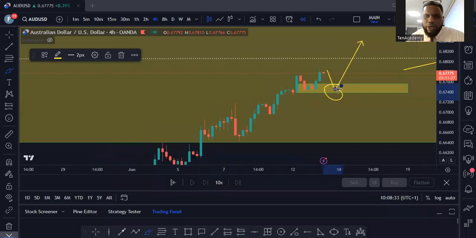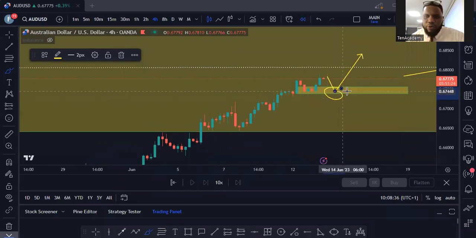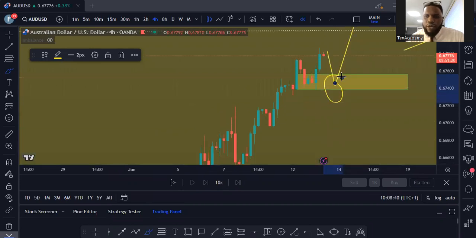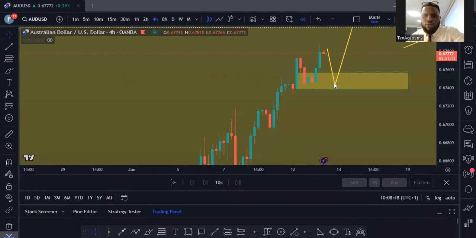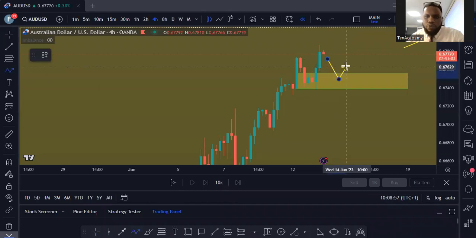So if you see an entry setup on 15 minutes time frame, before you buy inside this 4-hour zone, as always, my recommendation is to see, on 15 minutes or on 10 minutes, price give you a double bottom like so.